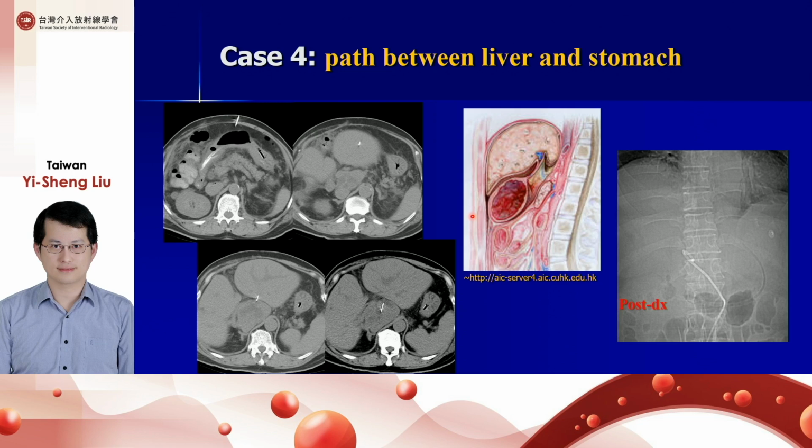We prefer the path between the stomach and the left hepatic lobe. It is caudocranial again. The procedure was smoothly done, and the patient told us they were free of pain and discomfort. Here is the post-drainage image.